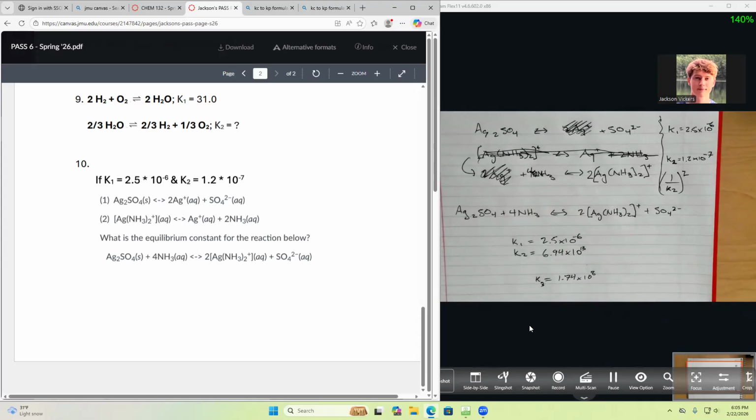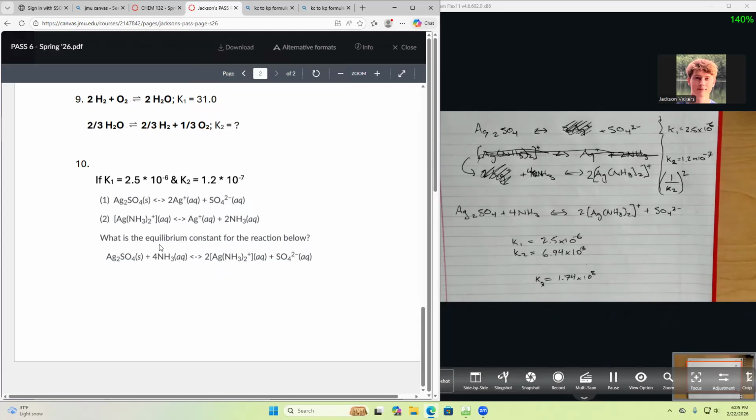So multiplying the two Ks is the final step. Why do that? Because we have one reaction here, another here, and in this final new reaction, we have both components of both of those combined. And whenever you're combining two equilibrium expressions, that's how you do it.